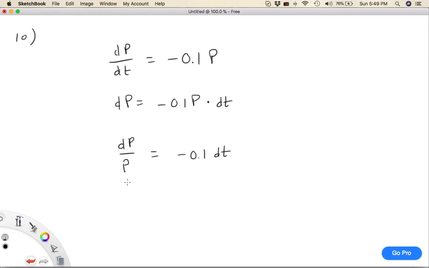Okay, now this could actually be written as 1 over p times dp. Okay, so now that we have it set up like this, basically you integrate both sides. The integral of 1 over p, I mentioned this earlier, is going to be the natural log of p, actually absolute valued, and then this is going to be just negative 0.1 t.